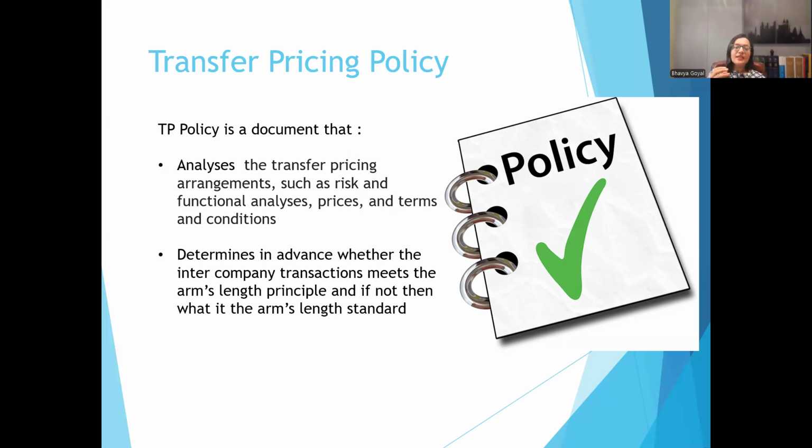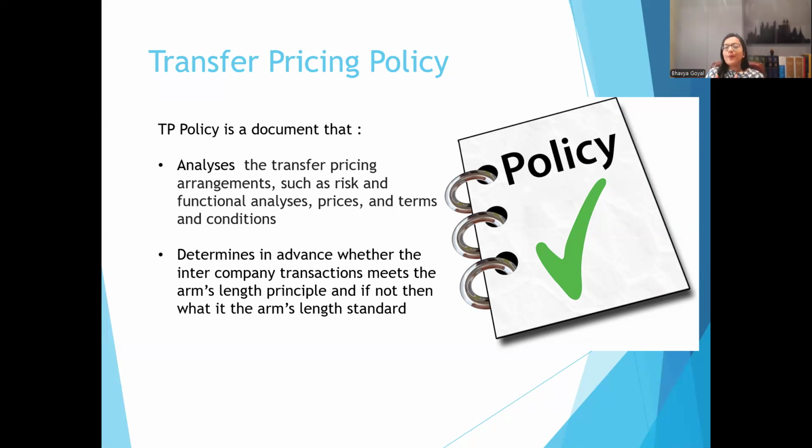Essentially, a transfer pricing policy document analyzes the transfer pricing arrangements such as the risks, the functional analysis, the prices, and the terms and conditions of a particular international transaction. It documents it properly.